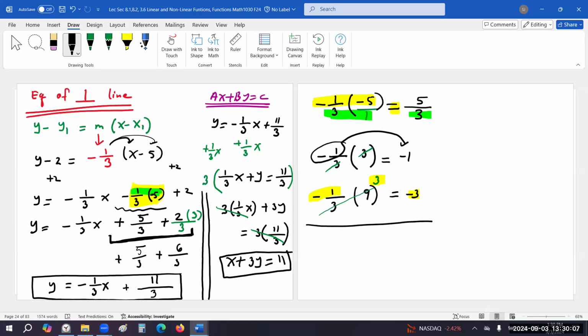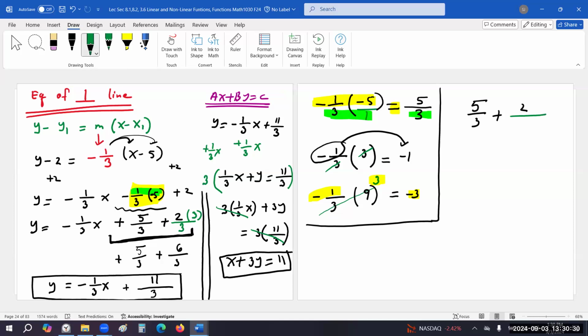Now for addition and subtraction, we need the same denominator. So we have 5/3 plus 2. So we have 2 and 5/3, a little bit more. So math says we must have the same denominator.